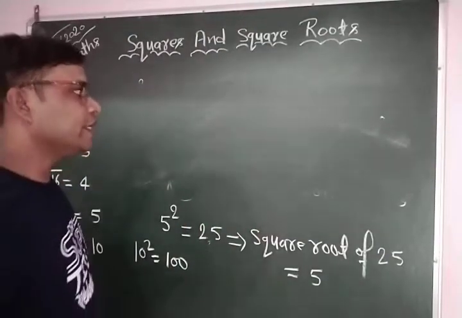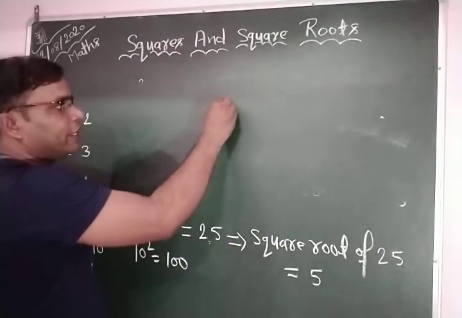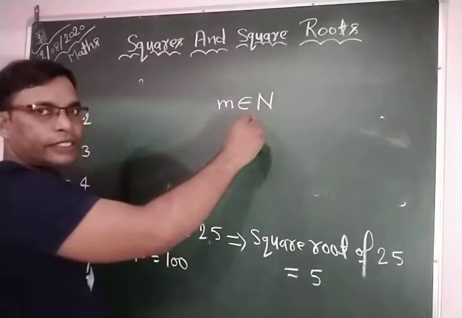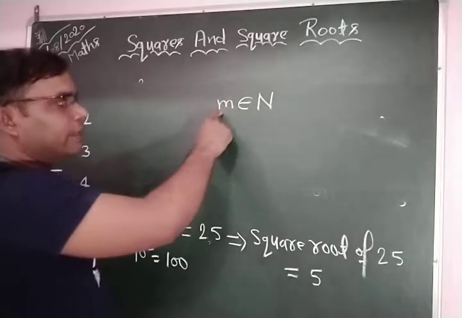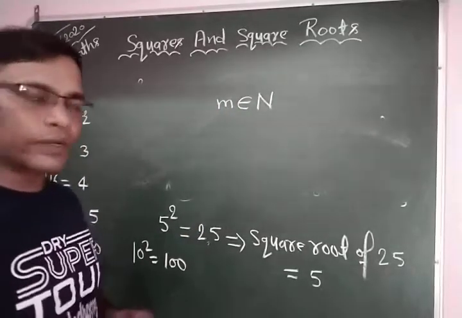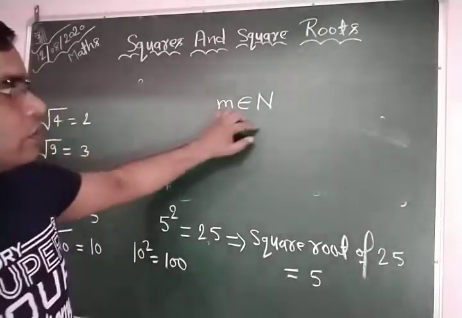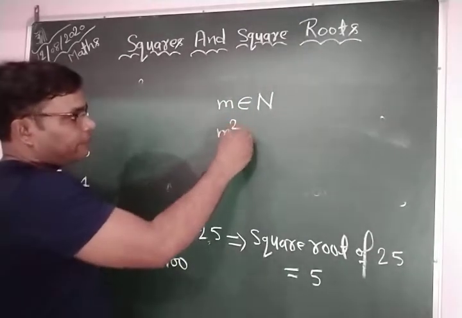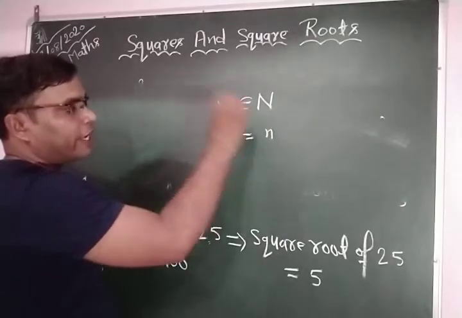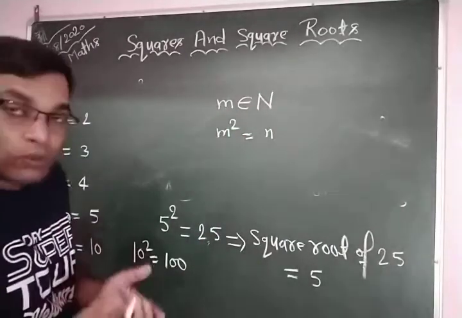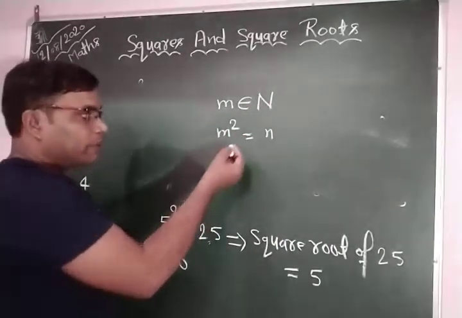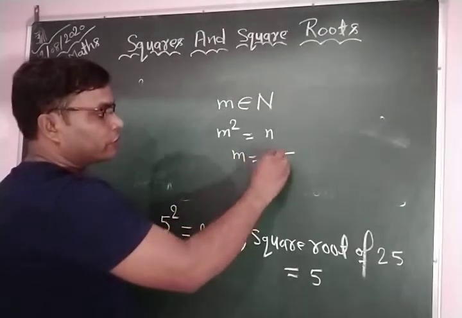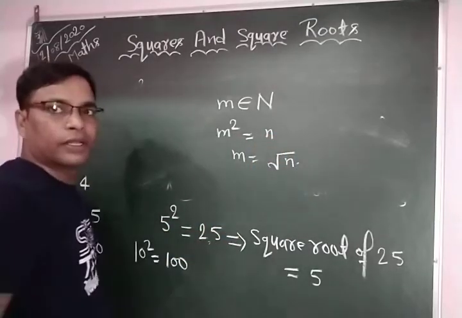If m is any natural number, it means that m belongs to the natural numbers. Okay, so if the square of m is equal to some natural number n, then what is the square root of n? The square root of n is m. Okay, this is clear.